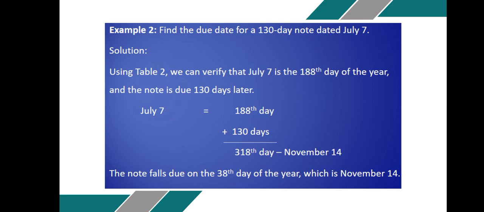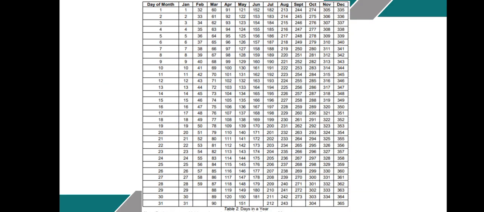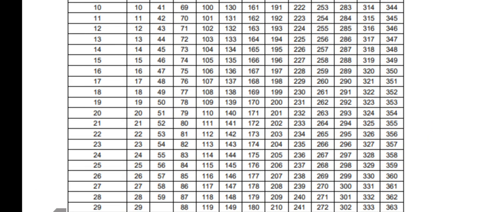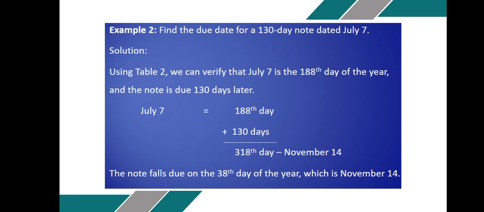So, 188 plus 130, and that is 318 days. So, saan ba sa table na ito ang pang 318? So, 318, that is November 14. So, therefore, the note falls due on the 38th day of the year, which is November 14. So, typo ito siya, 318th day dapat yan siya.